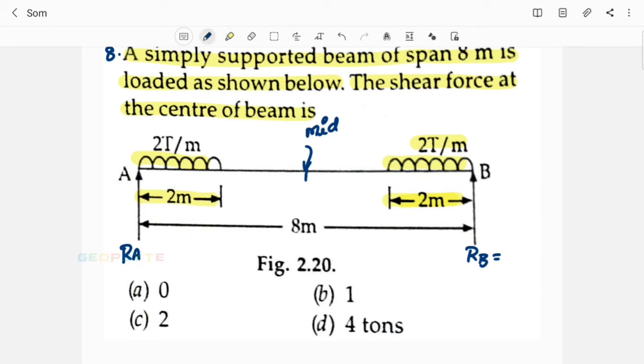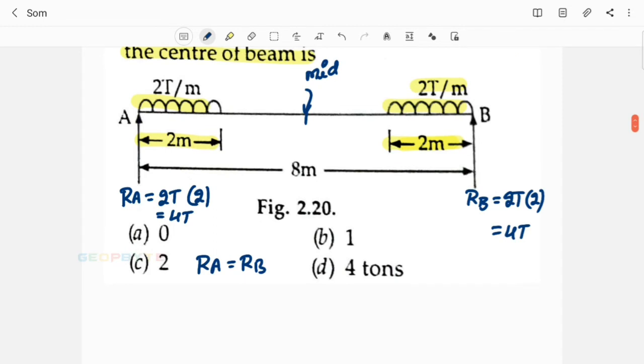Therefore, RA must be equal to RB. That is equal to UDL multiplied by UDL distance: 2T multiplied by 2 is equal to 4T. Other side also 2T multiplied by 2 is equal to 4T. So RA and RB both are equal.